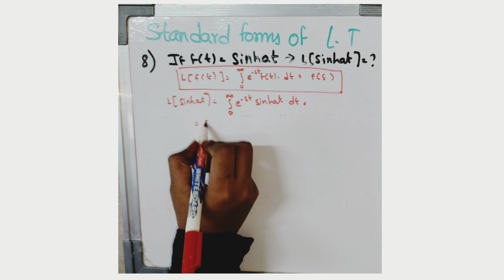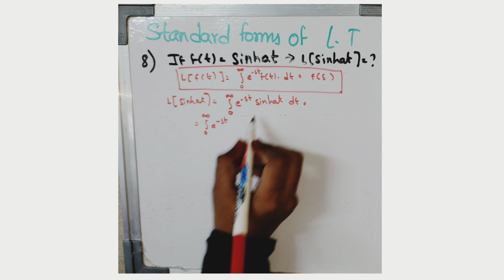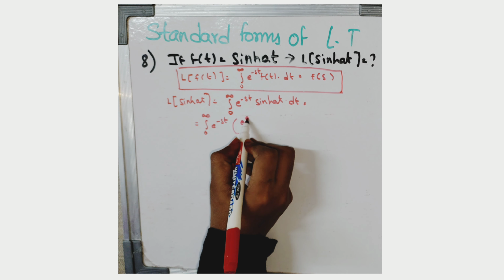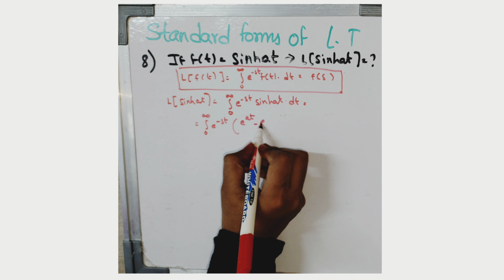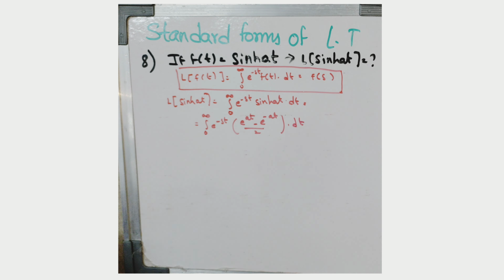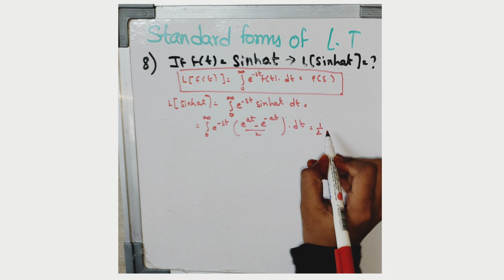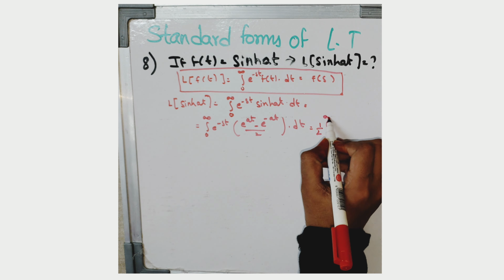So integral 0 to infinity e power minus st, and you can write sinh at as e power at minus e power minus at by 2, into dt. Now you can take this 1 by 2 outside, which is common.